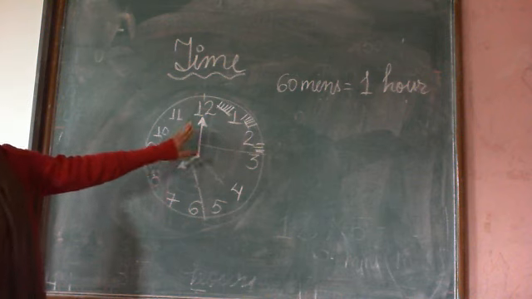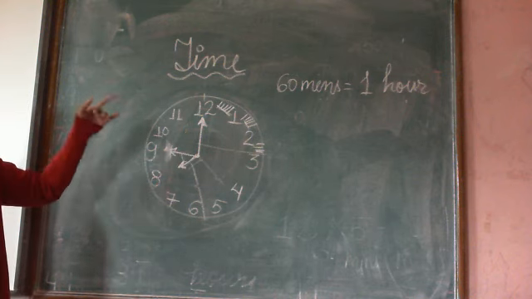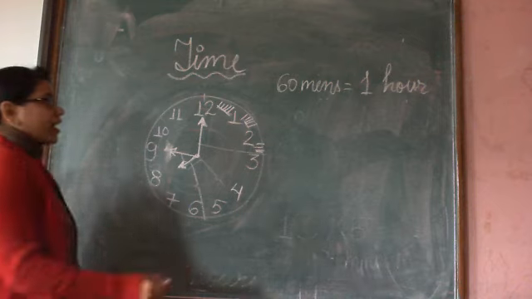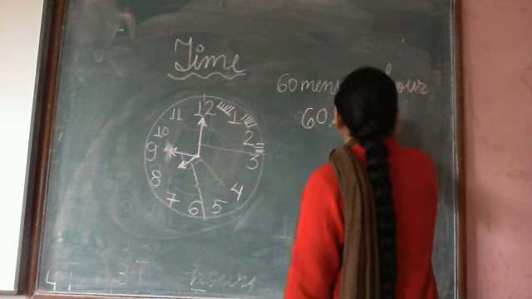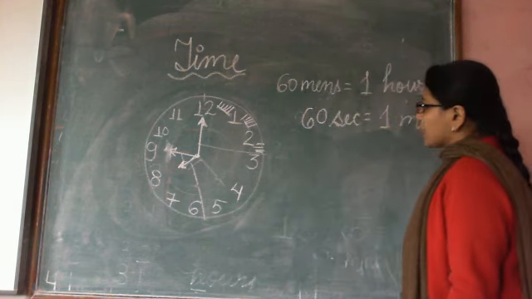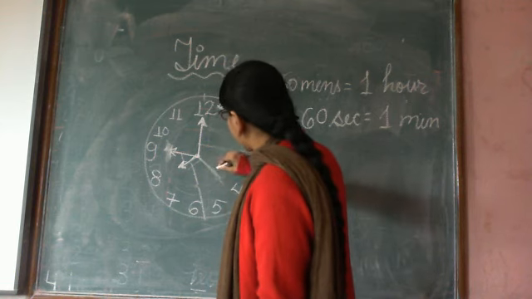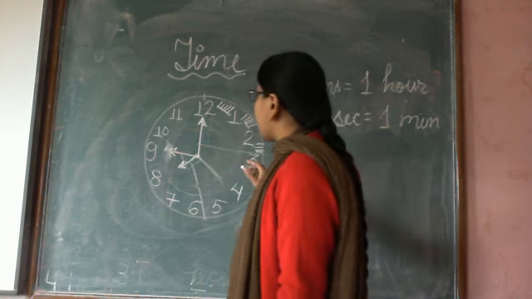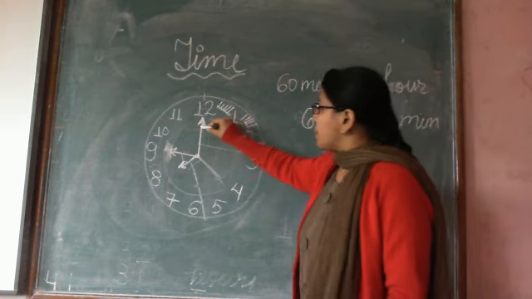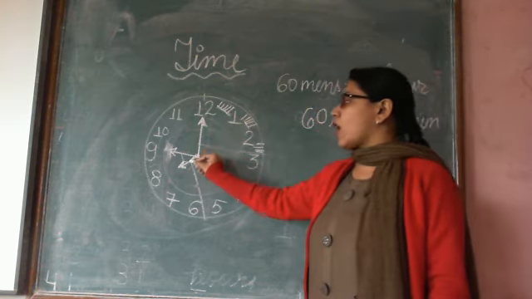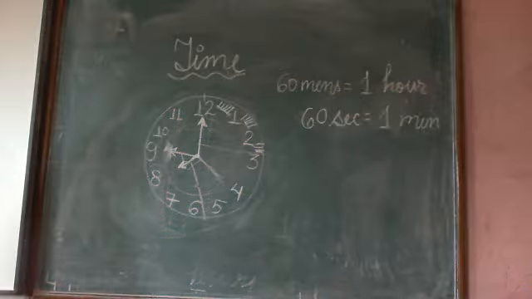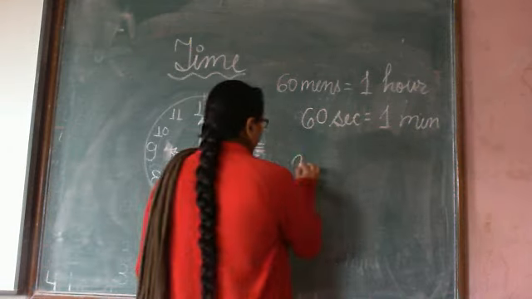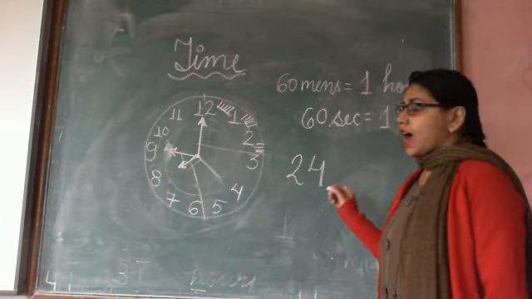The minute hand is faster than the hour hand. 60 minutes is equal to 1 hour, and 60 seconds is equal to 1 minute. When the second hand completes a round, a minute has passed, and when the minute hand completes the round, 1 hour has passed. So 60 seconds is equal to 1 minute, 60 minutes is equal to 1 hour, and 24 hours is equal to 1 day. We all know that there are 24 hours in a day.